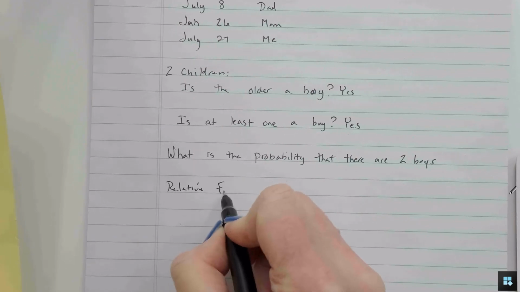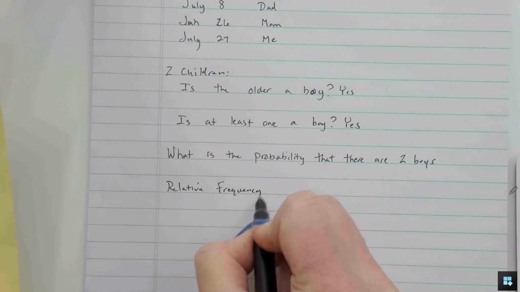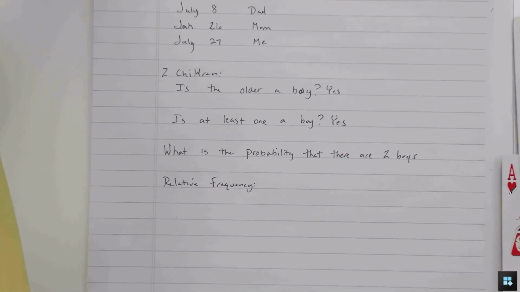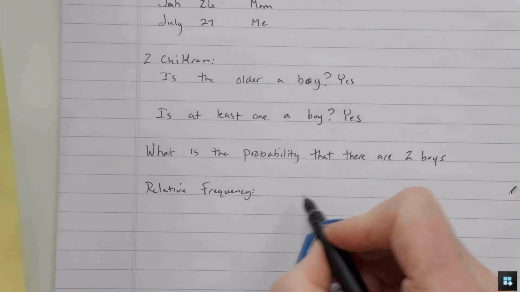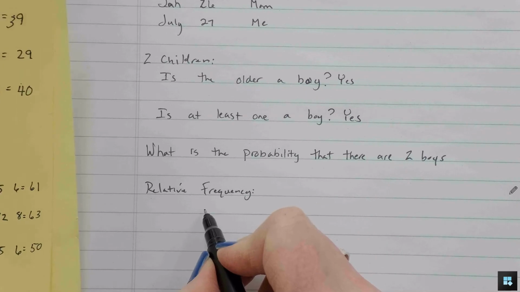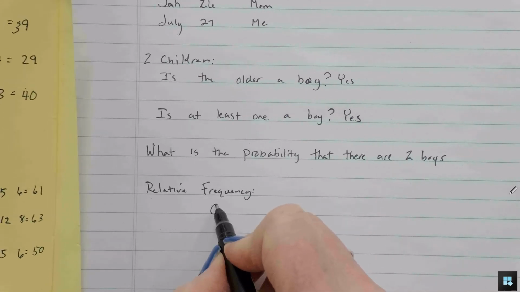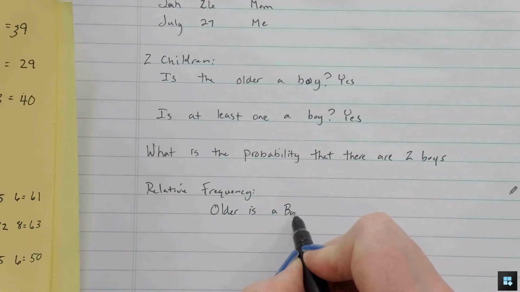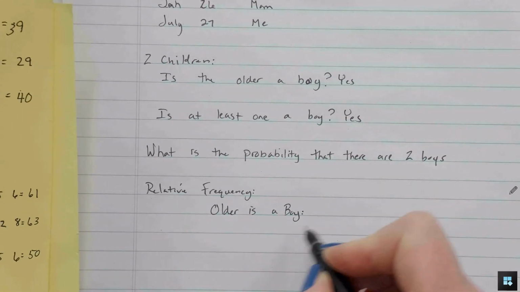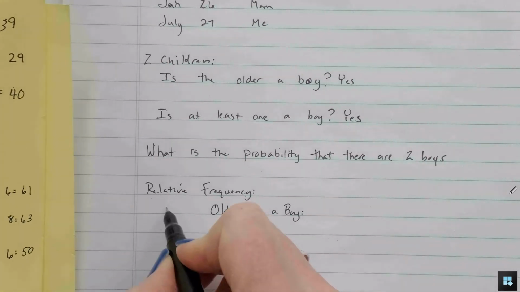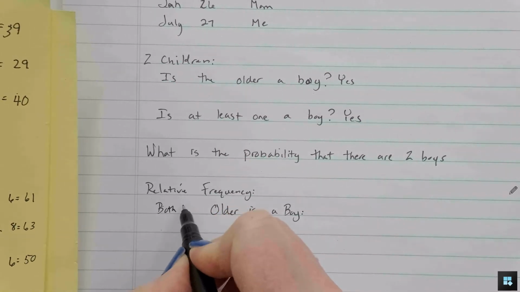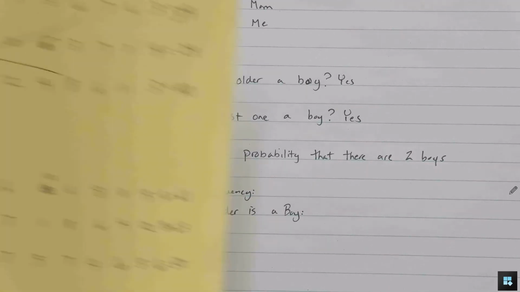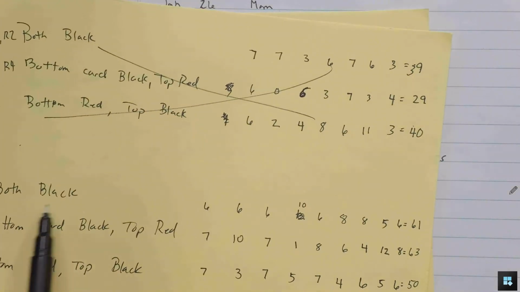So we're looking at our experiment, which records relative frequency as a way to investigate probability. We were first looking at the older is a boy. So out of those, how many were both boys? The ones that were both boys, we had 61.